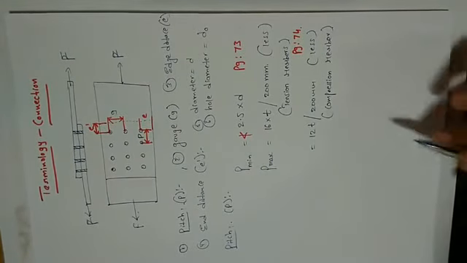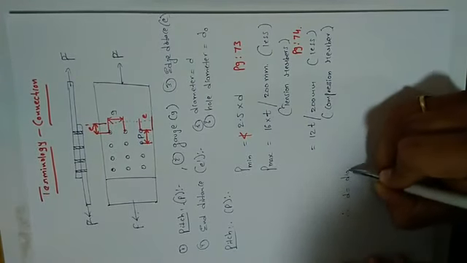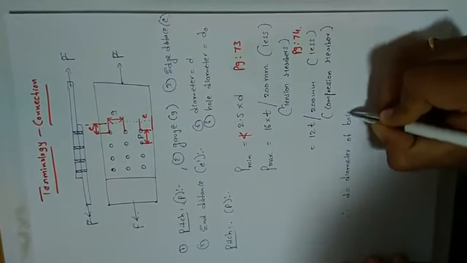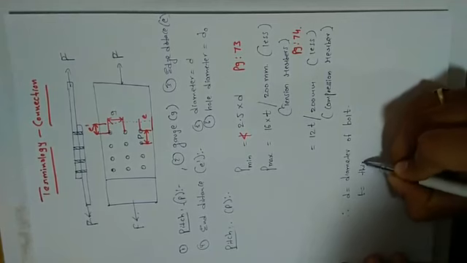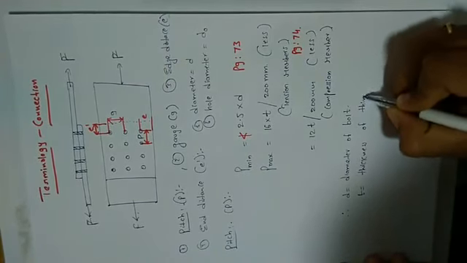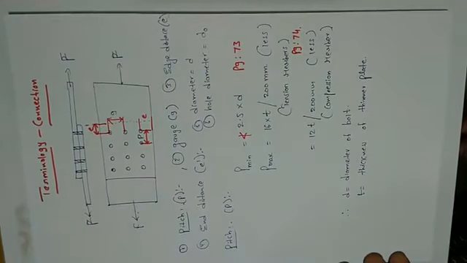Let us write: D is the diameter of bolt, and T is the thickness of the thinner plate, not the thicker plate.